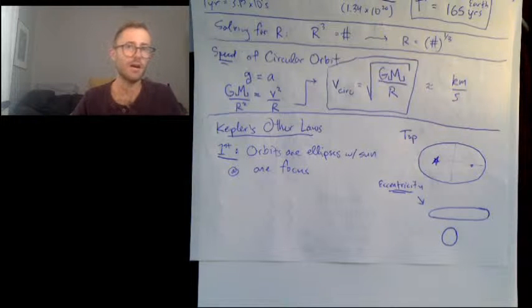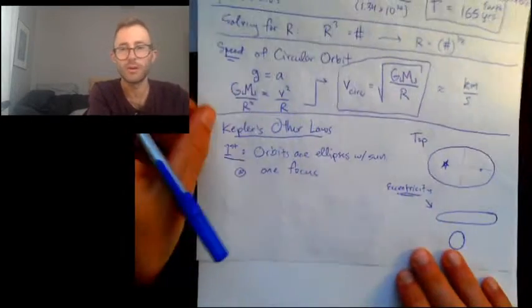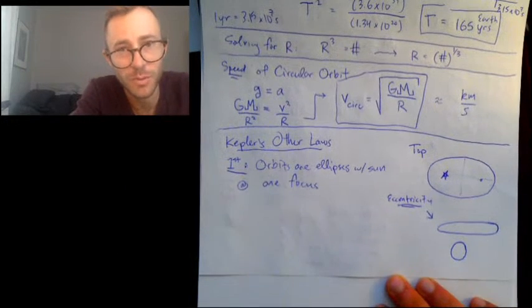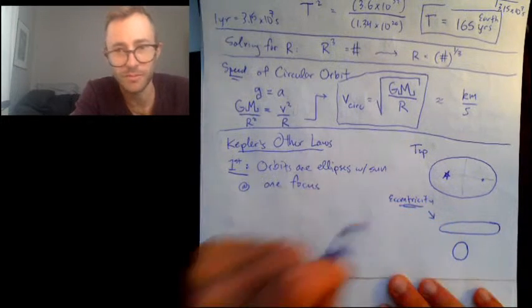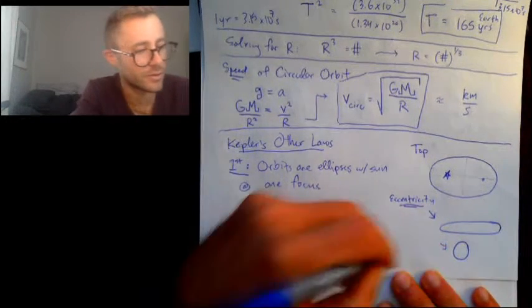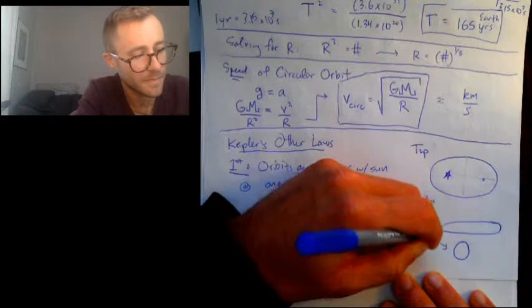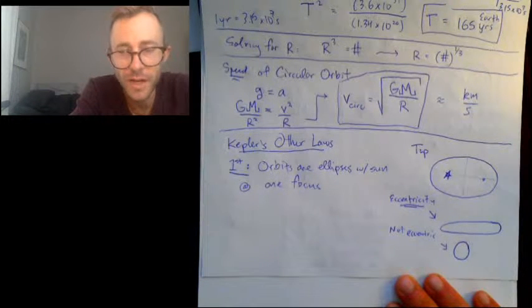Okay? Now it turns out we analyzed circular orbits. Now, why did we analyze circular orbits? Well, because the eccentricity of the planets' orbits is very small. So they are approximately circles. Okay? So this is a not eccentric orbit. This is an eccentric orbit. So the planets have orbits that are not very eccentric at all.